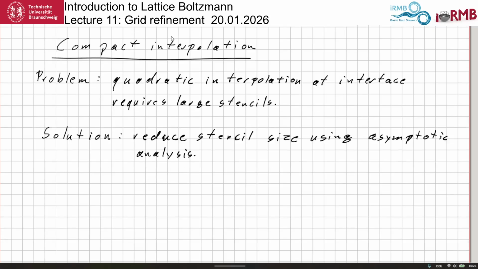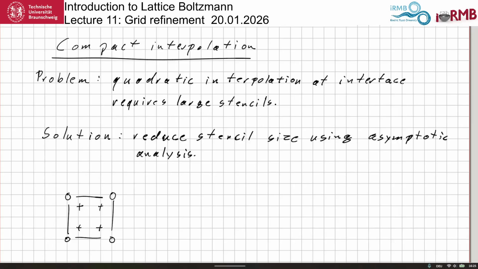How to do this? Now I'm also talking about cells, but my cells are different from their cells. So for me, this here is a cell, yeah? And you see this cell has the nodes. The cell is not the volume surrounding the node, but it has the nodes on its vertices.